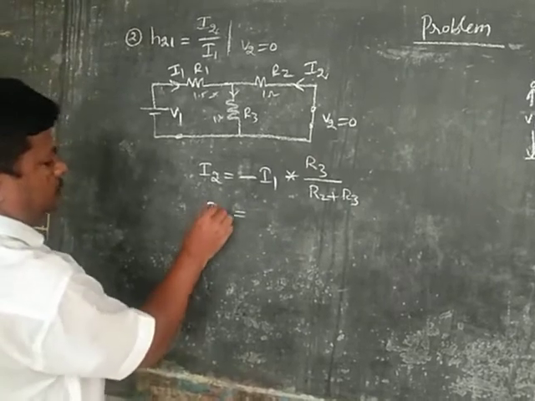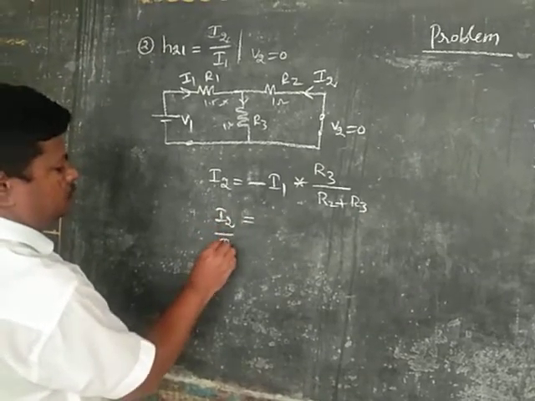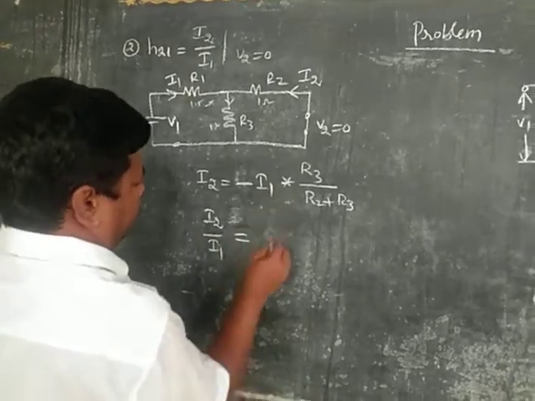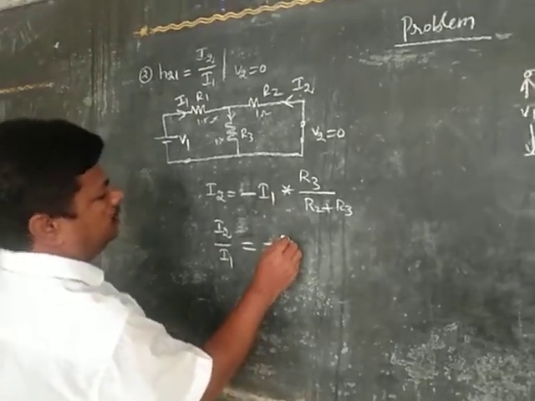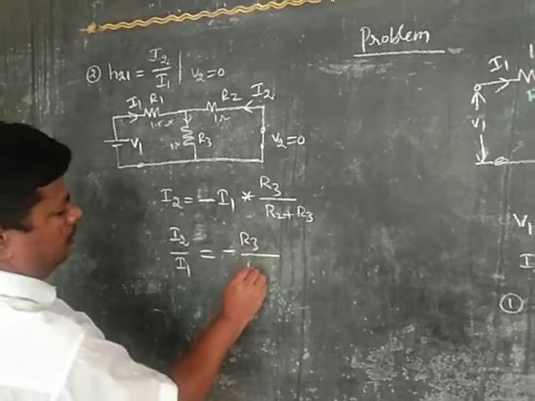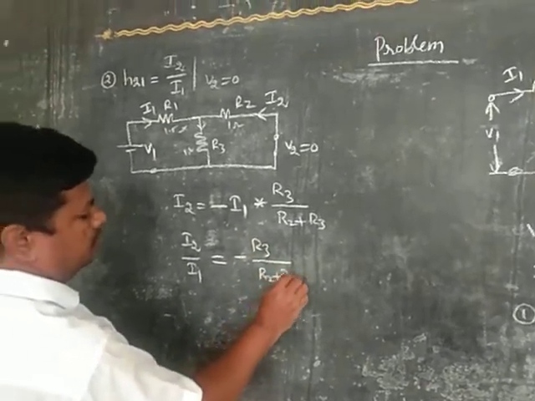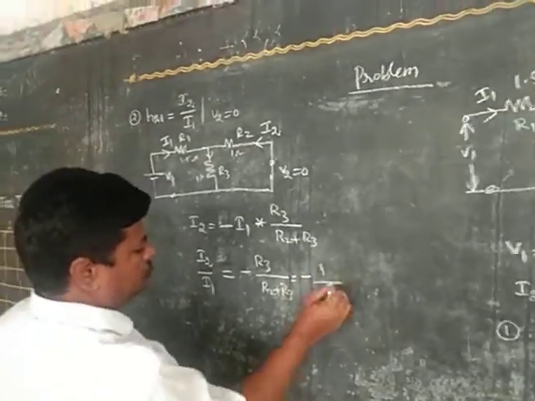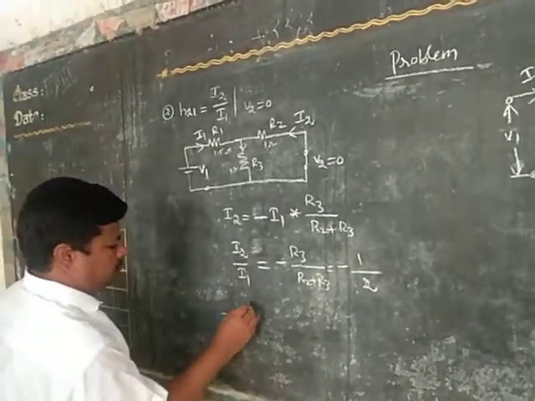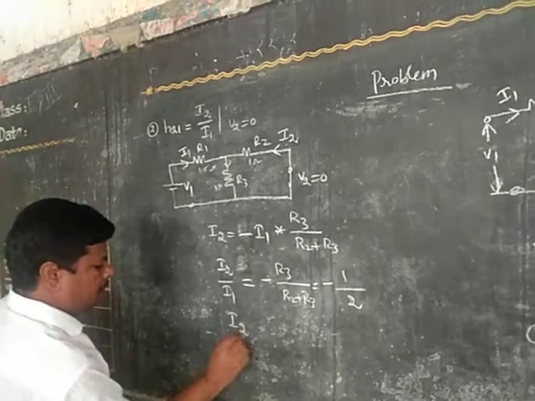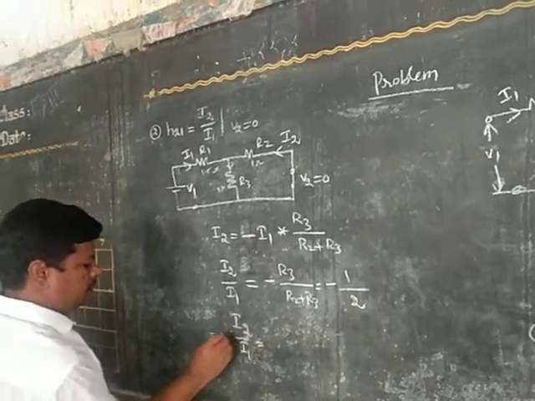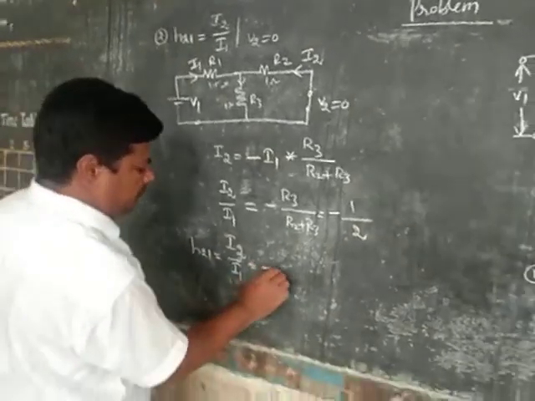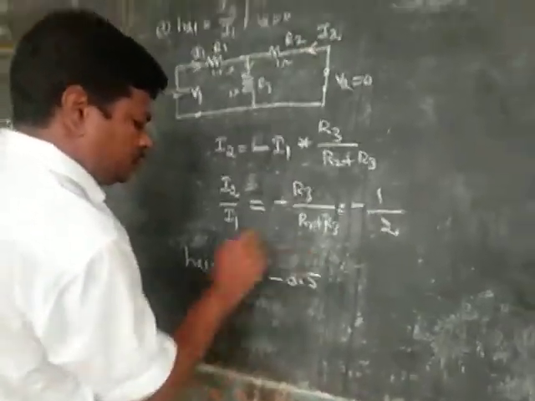That is equal to I2 by I1 is equal to minus R3 by R2 plus R3. That is equal to minus 1 by 2. So I2 by I1, that is equal to H21, minus 0.5.